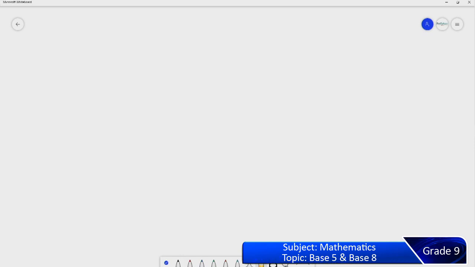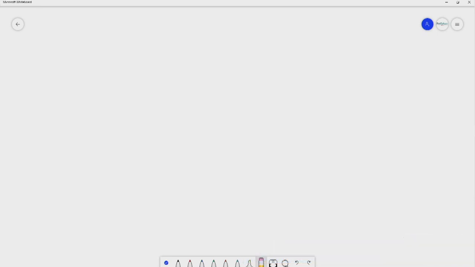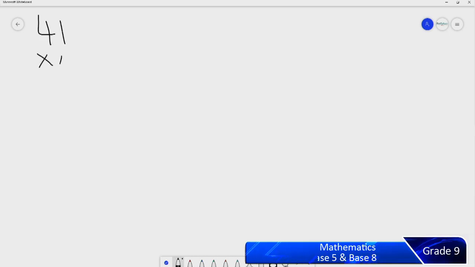So the first example that we're going to look at for multiplying numbers in the base 5 number system is 41 multiplied by 4. Now we must remember that as long as we're multiplying numbers in the base 5 number system and we have an answer that is equal to 5 or greater than 5, we need to divide it by 5 before we could write it as an answer.